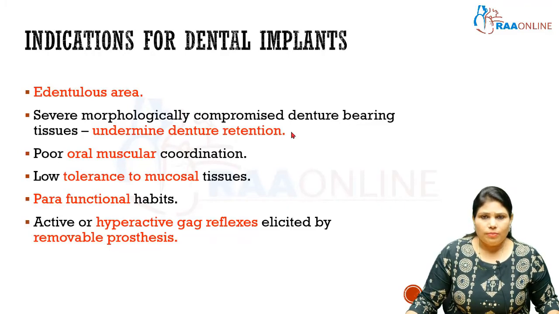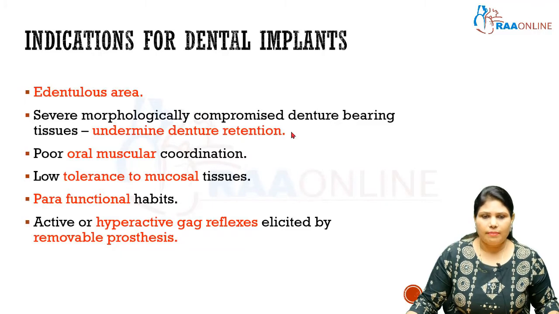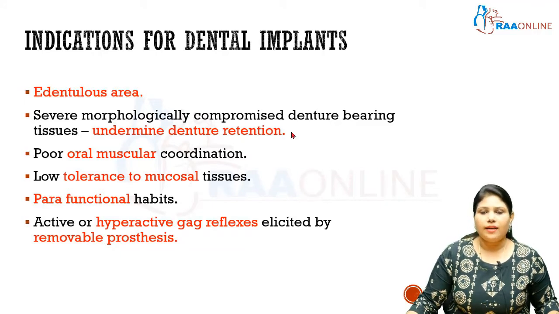Low tolerance to the mucosal tissues. If the patient has any parafunctional habits and if there are any hyperactive gag reflexes elicited by the removable prosthesis, implants are indicated.